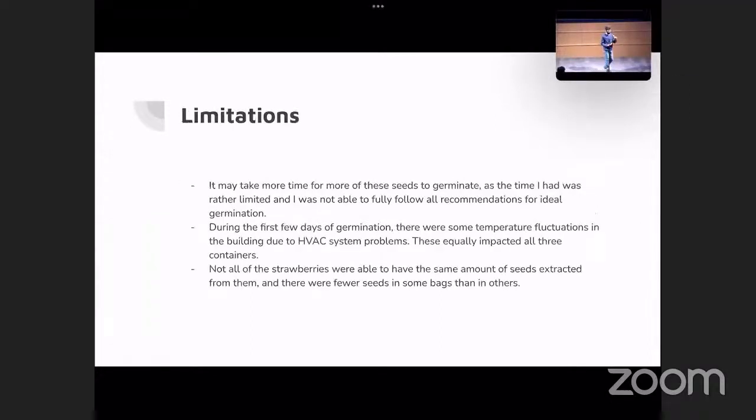Your assumption is that one of the factors affecting germination is exposure to UV radiation. But could there be other things that affected those seeds besides exposure to radiation when they went up into the balloon?